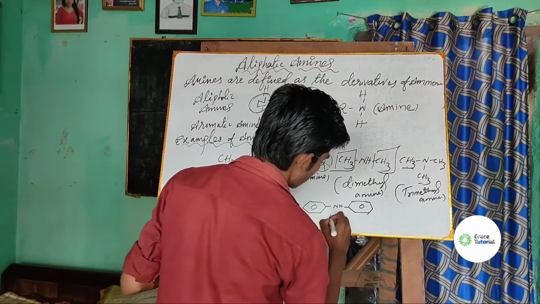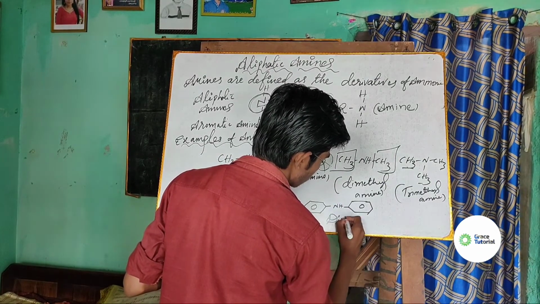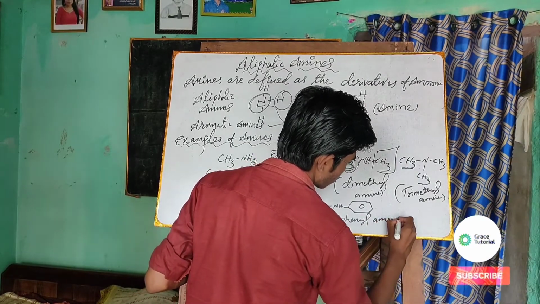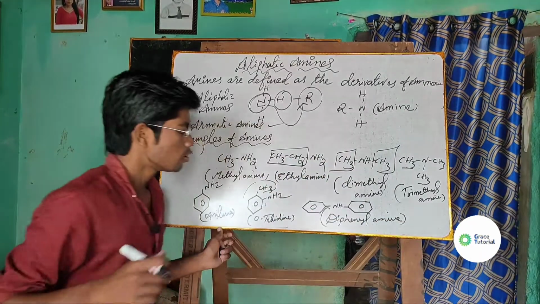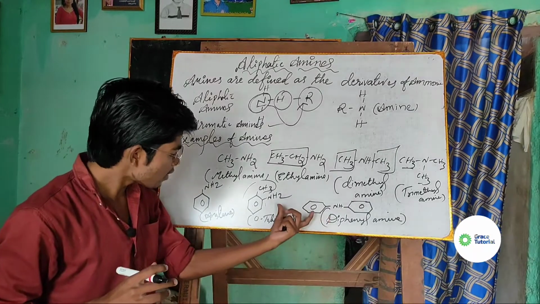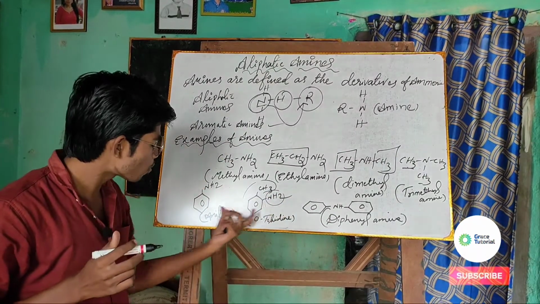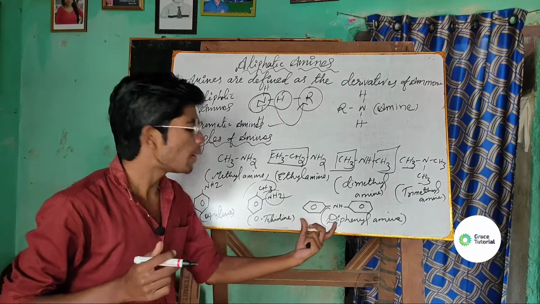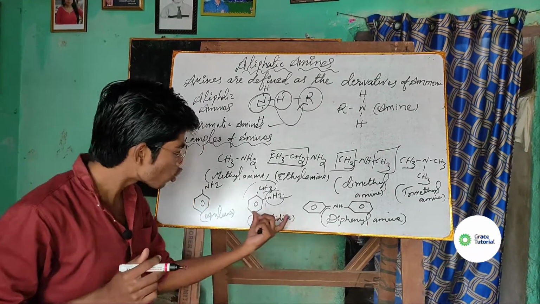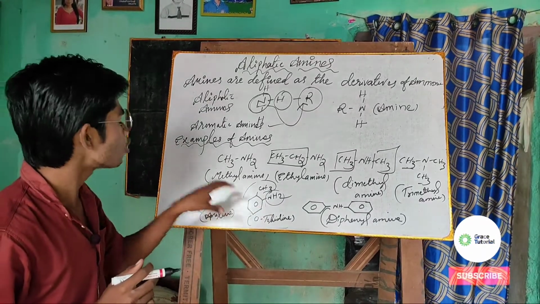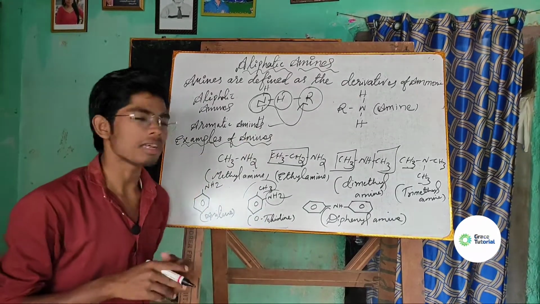Diphenylamine. So here, in all the three cases, the amine groups are attached to the benzene rings. That means the amine groups are attached to the ring compounds. That's why these amines are called the aromatic amines.